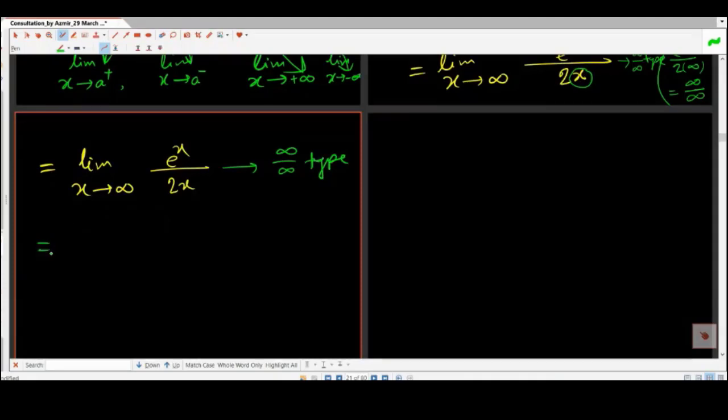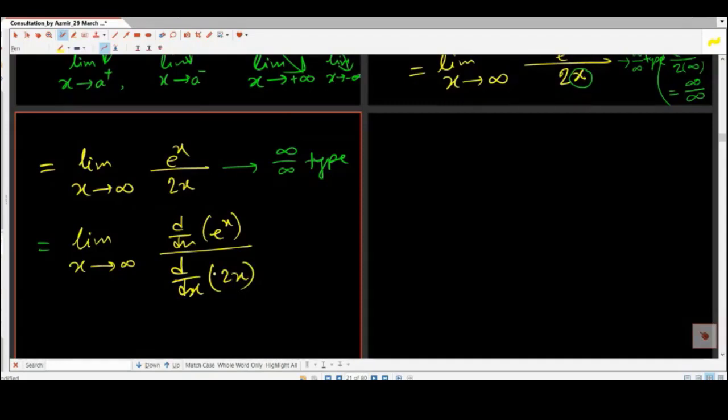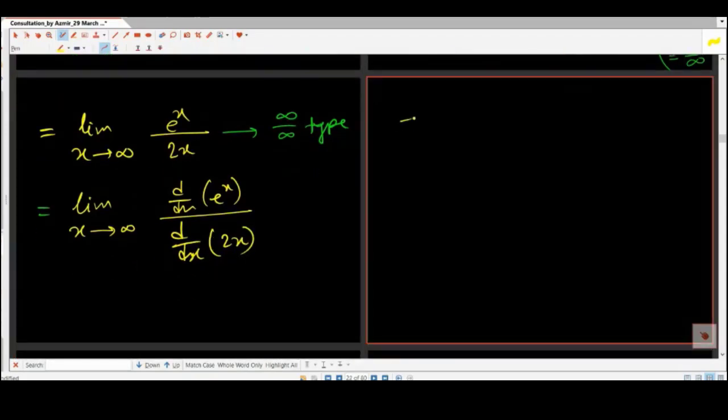So that's why we have to differentiate again. So limit x tends to infinity, d/dx of e to the x over d/dx of 2x. So we are getting limit x tends to infinity.